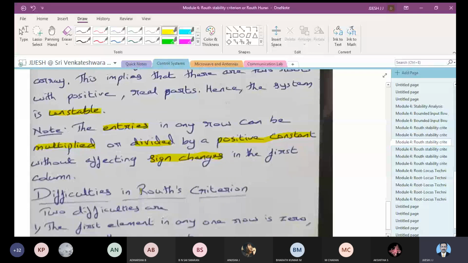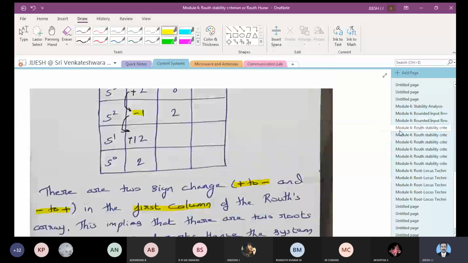Once again, if it is asked in the university question paper or in an internal question paper, explain the roots criteria, you should first explain all these things that you have learned. Then explain a general case, saying how B1, B3, C1, C3 are obtained. You have to write the limitations.